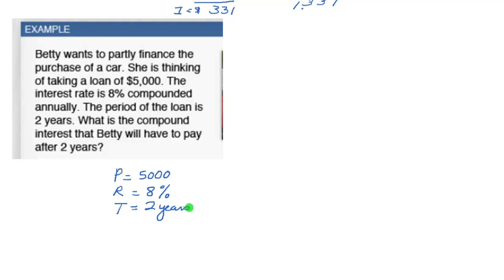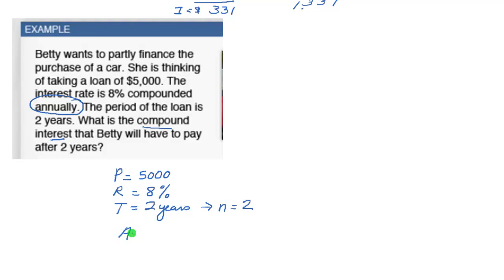Now, as soon as they said compound interest, because you're compounding annually, so you're only compounding once a year, then this 2 years is our n, because n is the number of compoundings. So what is the compound interest that she will have to pay?